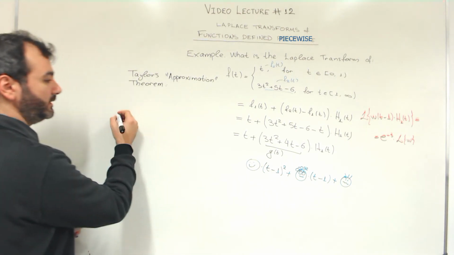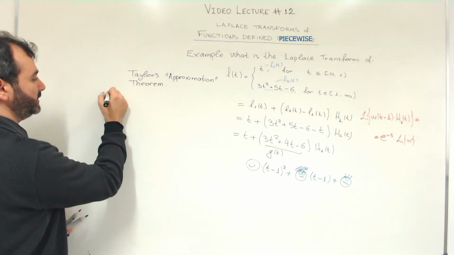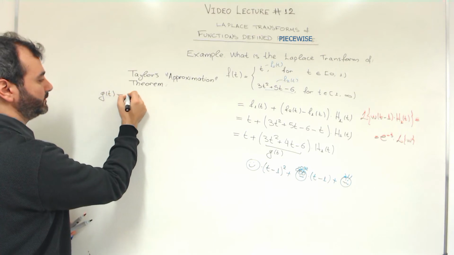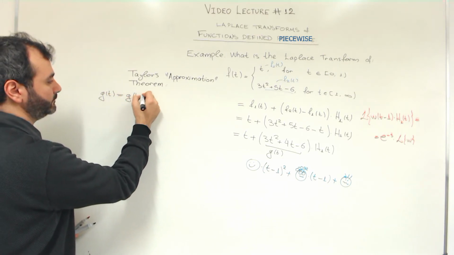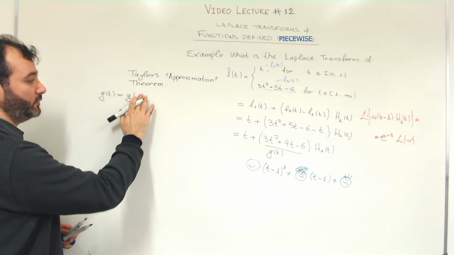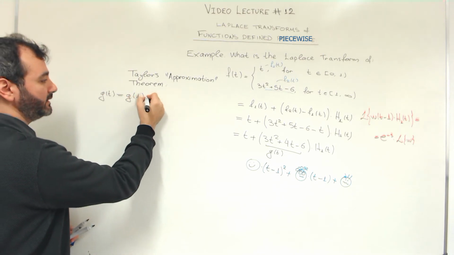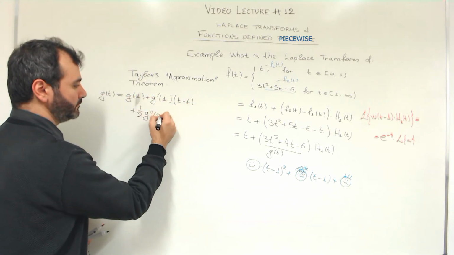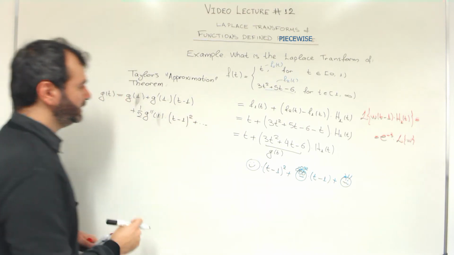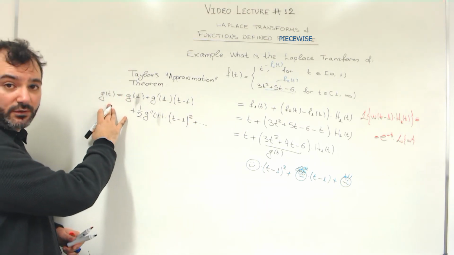Let's see why. So we have g at t0, where t0 is equal to 1 in this case. This is how Taylor's approximation theorem starts.